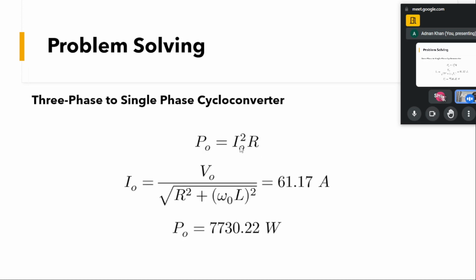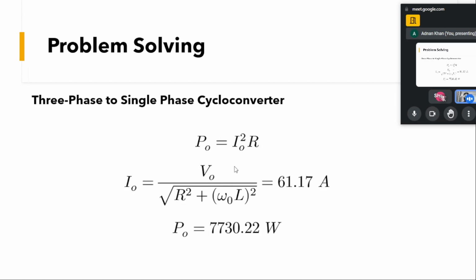Had it been only resistive, we could have said P out will be equal to V square by R. But here only the active power will be through this resistor. So when we calculate the I out, it will be equal to V out.